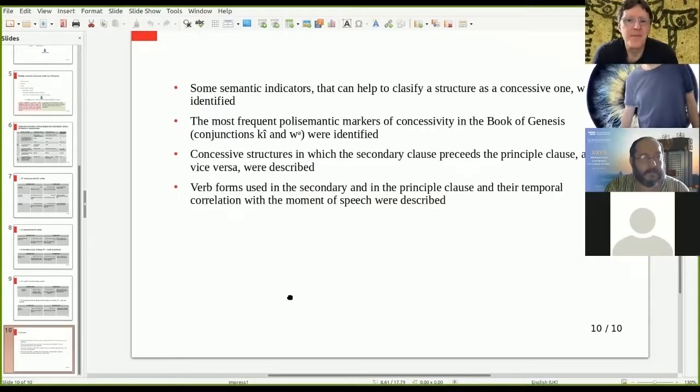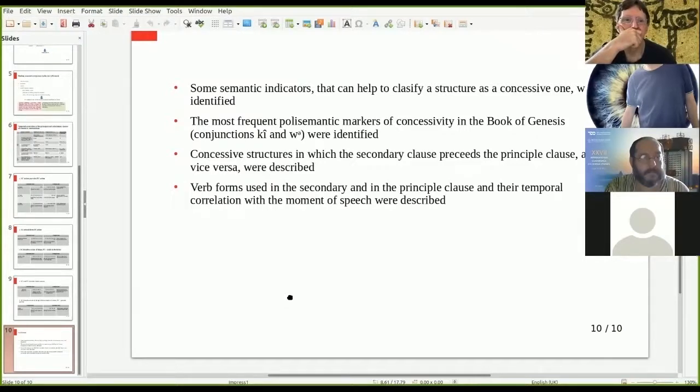Those were the conjunctions ki and vav. This is important because grammars show linkings with im, gam, ki, and al, and we don't have those in the book of Genesis, not in one case.